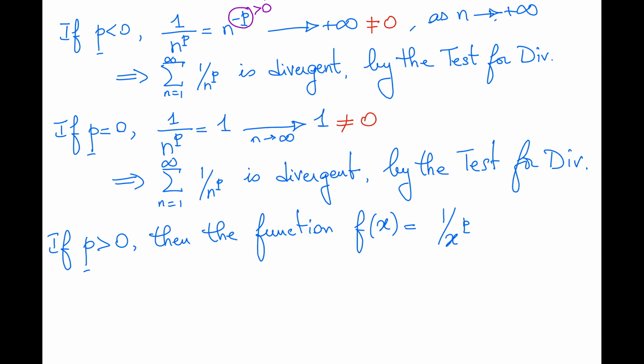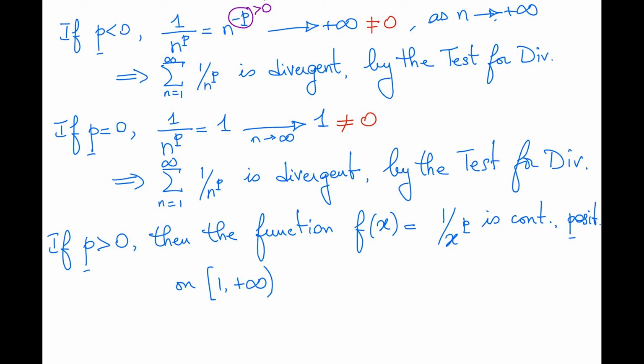Certainly this is a continuous function away from 0. I'm particularly interested from 1 to infinity, so it's continuous on 1 to plus infinity. It's also a positive function there.